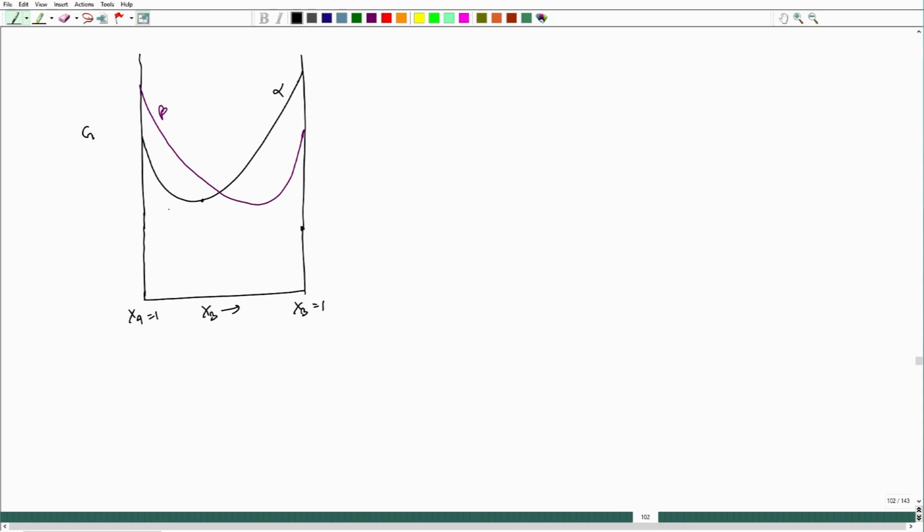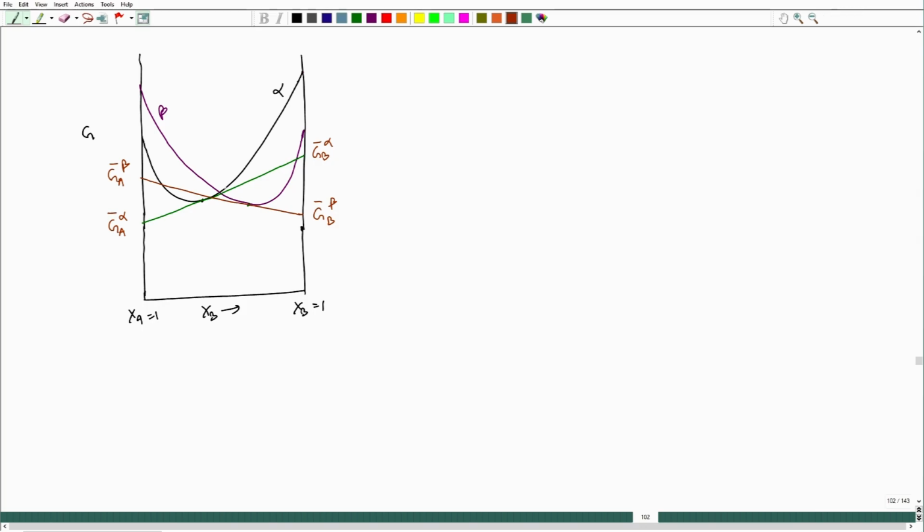So, at this point if I draw the tangent, let me draw the tangent here, okay, and let us say at this position I draw another tangent. Okay. So, this is tangent over beta. So, this will be G B bar in beta phase, and this will be G A bar in beta phase, and this is G A bar alpha phase, because this is on alpha phase, and this is G B bar alpha phase. Okay. This is alpha phase, yes, fine.